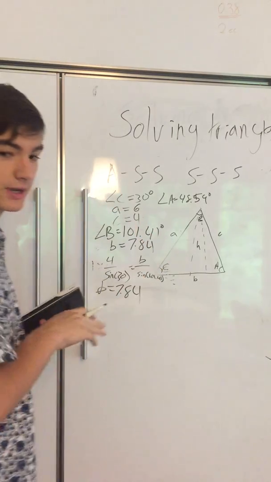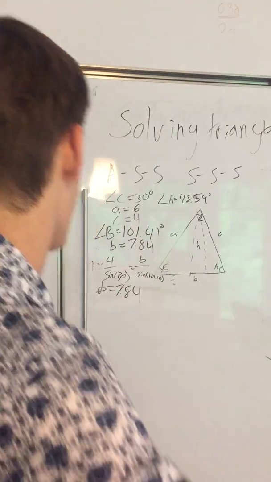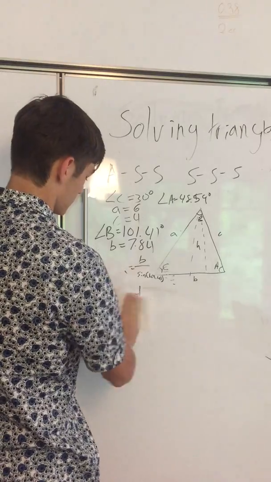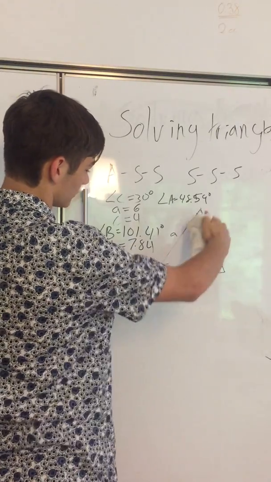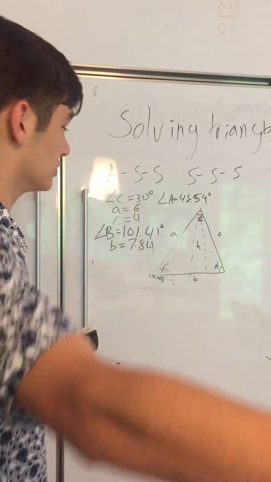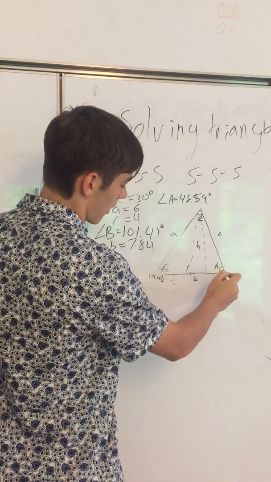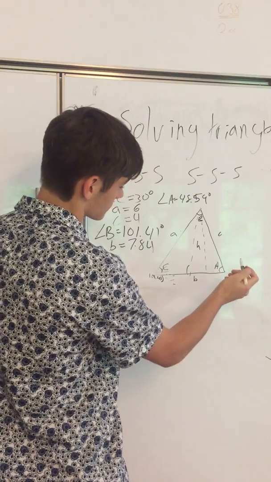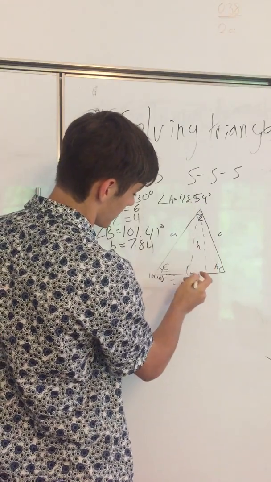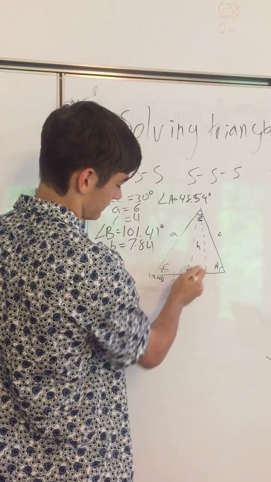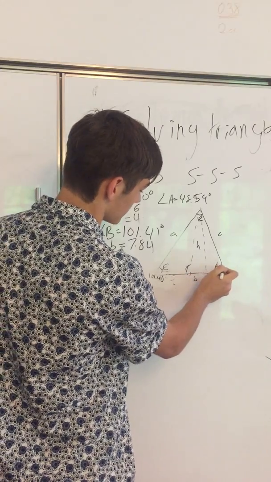You're not done here because you still have to solve for this other triangle that you just made. And to do this, these angles are actually supplementary because this is an isosceles triangle and this is a supplementary angle on a line.